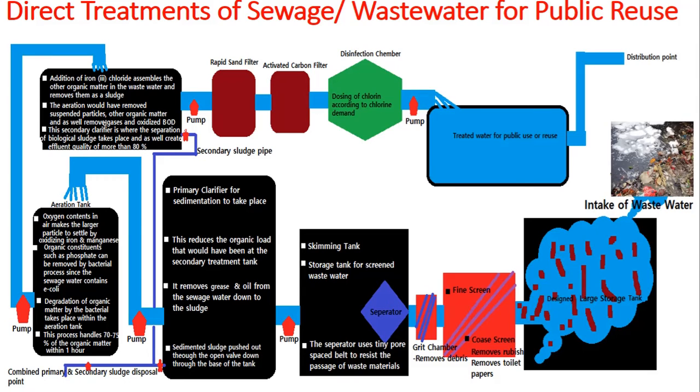So in that case, we choose chlorine. The residual chlorine that will protect the water for a very long time will be dosed here according to chlorine demand. If it is dosed here, this water will now serve as treated water for public reuse. So this is the distribution system to the distribution point where it can be sent to the public for reuse.